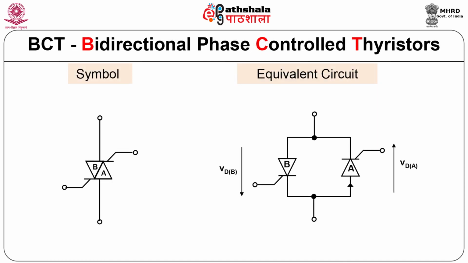Nowadays, one device is available, that is bidirectional phase control thyristor, BCT. Its symbol is shown in the figure. There are two thyristors which are built in and anti-parallel, thyristor A and thyristor B. So, no gate terminal names are given till today.